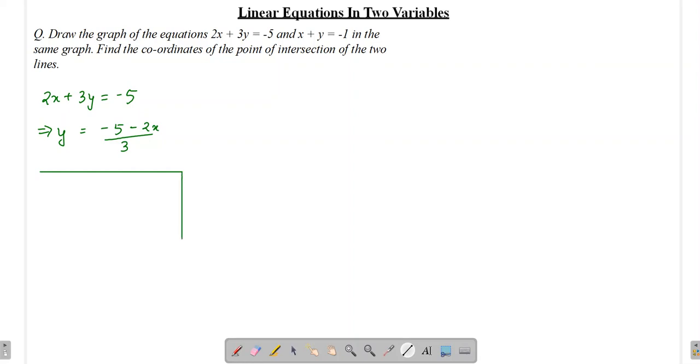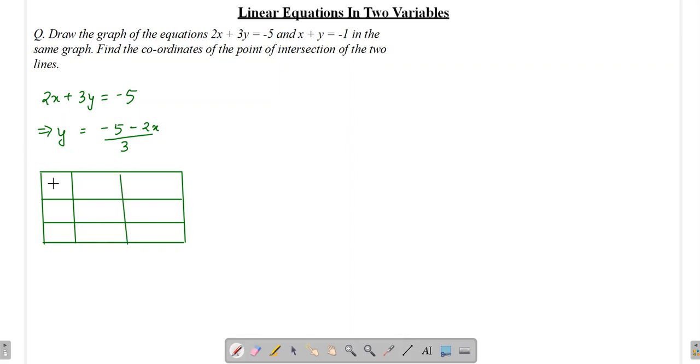Today I'll be using only two solutions, though it was advised to you all to use three different solutions for more accuracy. But today we'll take only two solutions. We'll put the values of x to get the value of y, and here we'll write the ordered pair. I have taken x as -1 first.